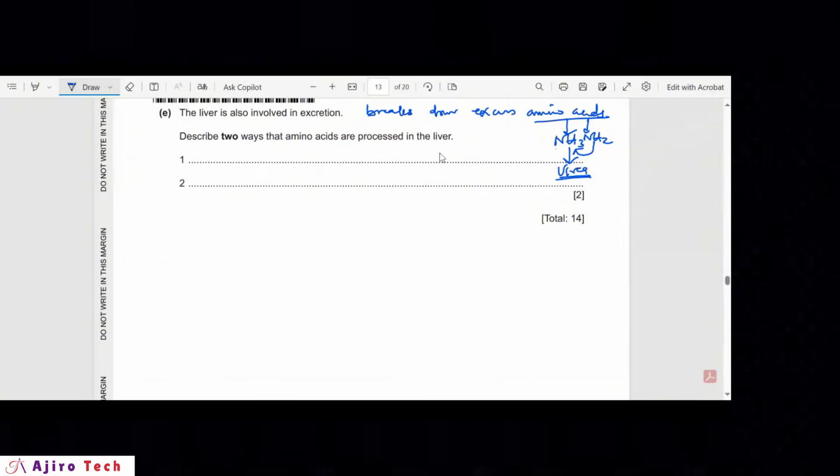So the first thing is deamination, the removal of the amino group from the amino acid. That's called what? Deamination.